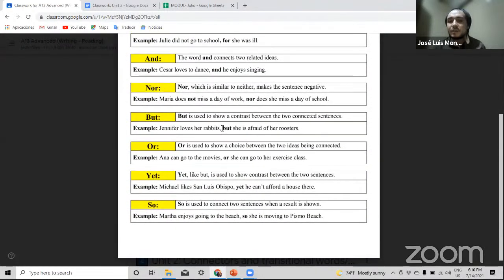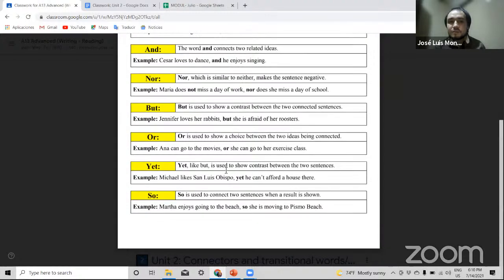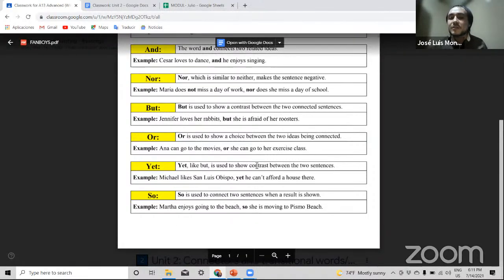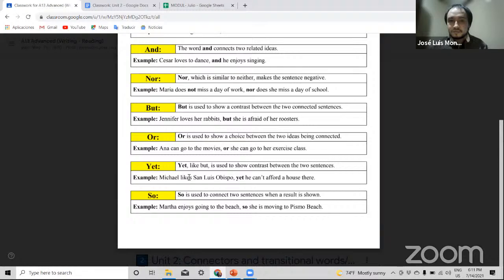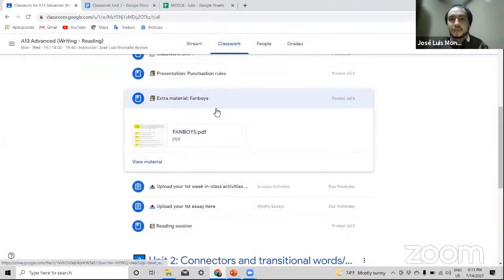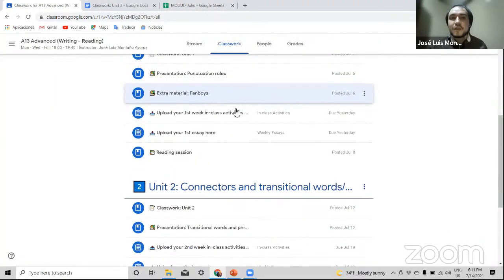You need a comma with but, and how to use yet. You can put a little bit of emphasis by saying and yet. You can say that, all right? And say, look, this is true, and yet someone else is contrasting the idea. But these are the rules for those two, okay? Those are the important ones that I want you to focus on, please.